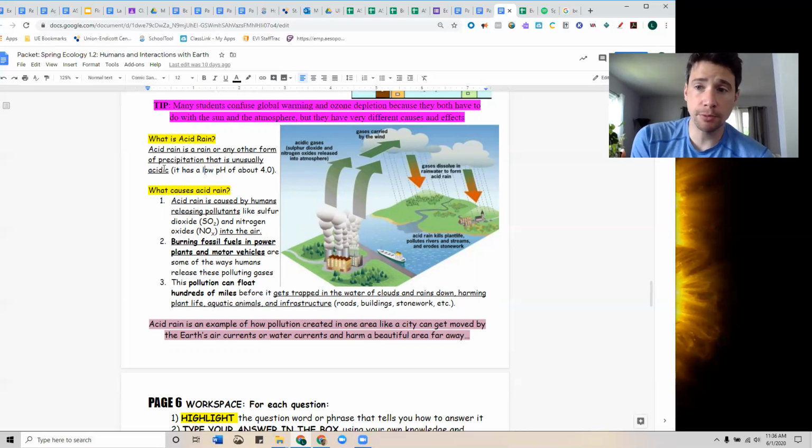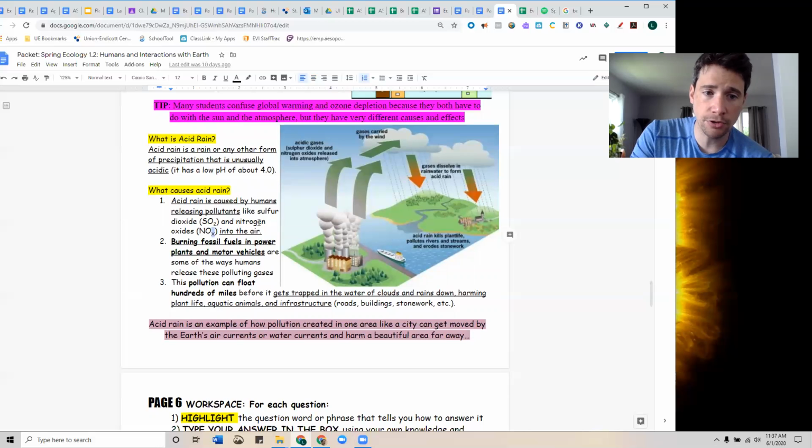So what causes acid rain? Well, no surprise, pollution. Acid rain is caused by humans releasing pollutants like sulfur dioxide. We talked about that a little bit above. And nitrogen oxides. That X means it can be a couple different numbers, just like a variable in math.